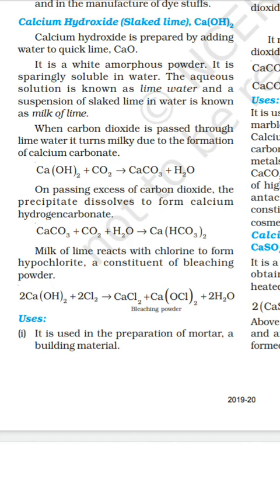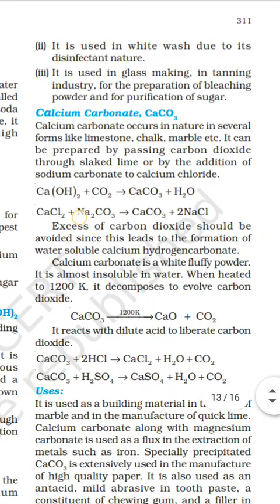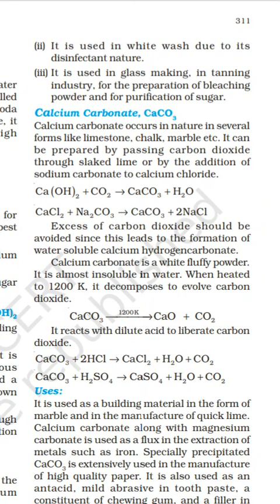It is used in the preparation of mortar, a building material, and it is used in whitewash due to its disinfectant nature. It is used in glass making, in the tanning industry, for the preparation of bleaching powder, and for purification of sugar.